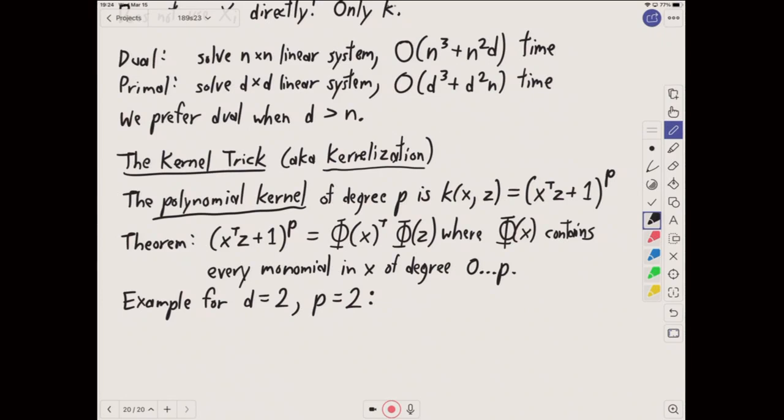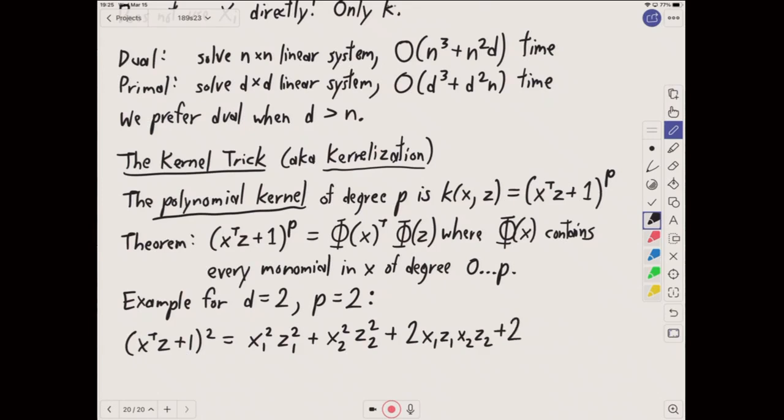In that case, observe that if I write x transpose z plus 1 squared, and I expand out that square, I will get 6 terms. There's x1 squared z1 squared plus x2 squared z2 squared plus 2 times x1 z1 x2 z2 plus 2 times x1 z1 plus 2 times x2 z2 plus 1.